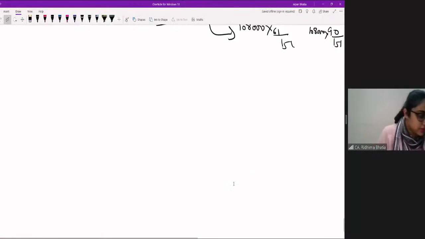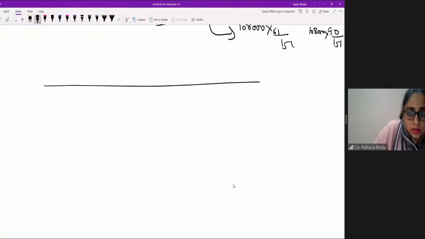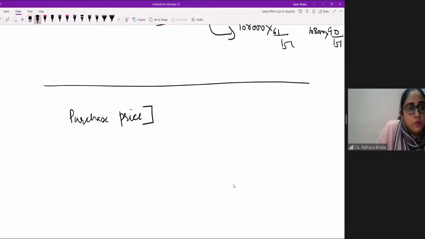Now, actual cost as per section 43 subsection 1 says a few things. Let's take the first one. In my actual cost, students, I will take the purchase price for what amount I have paid. One thing everyone has to be clear about is that for this asset, a value of more than 10,000 should not be paid in any mode other than account payee cheque, account payee bank draft, electronic clearing system, or prescribed electronic modes.